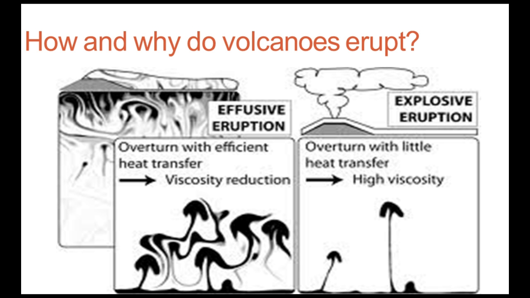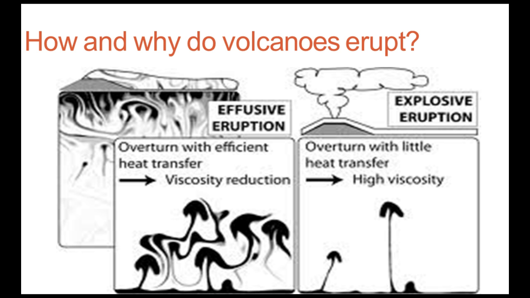Now, what's the source of the heat that melts the rock? There are four sources we want to get in your notes. Some you know, some you may not. So let's write them down. Number 1, heat left over from the cooling of the Earth and solar system when they were formed. So there's still some heat being lost from that original formation of the Earth, and that helps heat this rock.